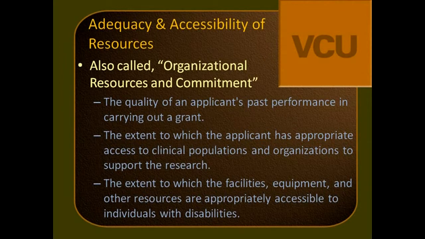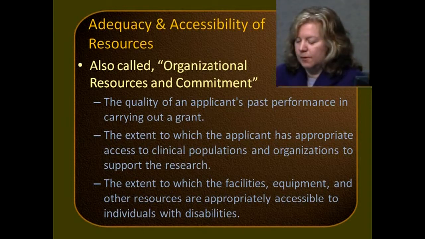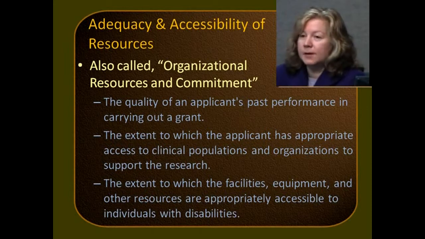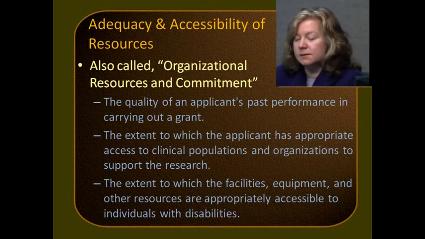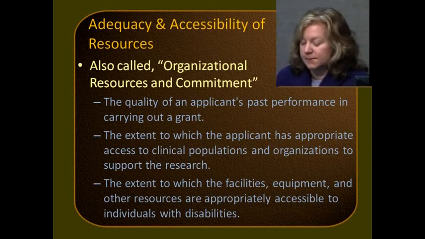What reviewers may be looking for in this section of your grant application is the quality of an applicant's past performance in carrying out a grant, the extent to which the applicant has appropriate access to clinical populations and organizations to support the research, and the extent to which facilities, equipment, and other resources are appropriately accessible to individuals with disabilities.